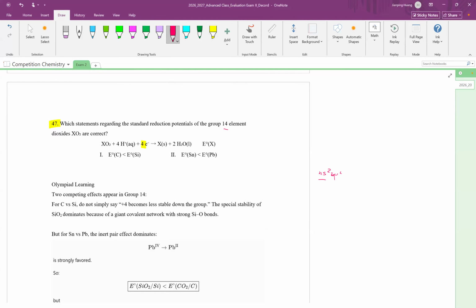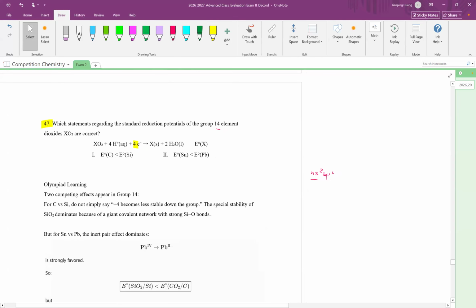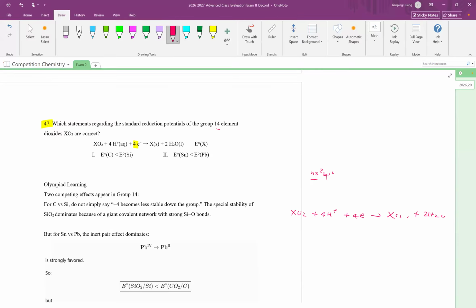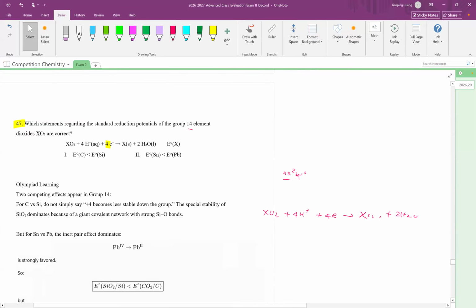Now in this one, you look at the reaction. Let me write it here. You gain 4 electrons. You get the Si. Now we have the reduction potential. And then we know that, what's this? SiO2. That is crystalline, right?